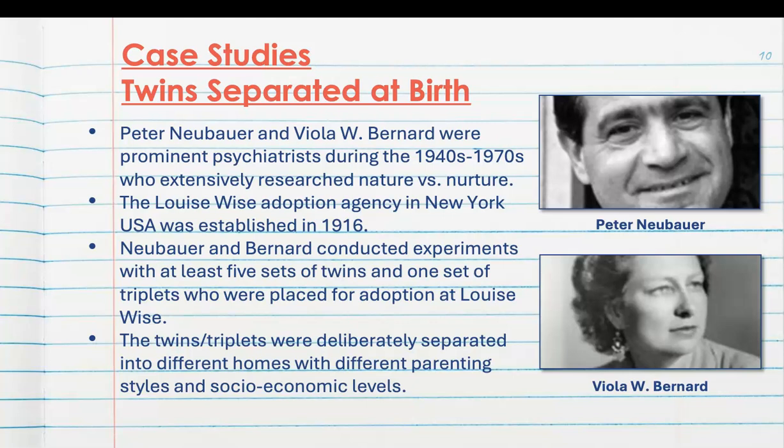So, psychiatrists Peter Neubauer and Viola Bernard, pictured here, conducted extensive studies from the 1940s to the 1970s. Working with the Louise Wise Adoption Agency in New York, they deliberately separated at least 5 sets of twins and 1 set of triplets. Each child was placed into a different home, with varying parenting styles and socioeconomic conditions, all without the adoptive parents being told their child was a twin.